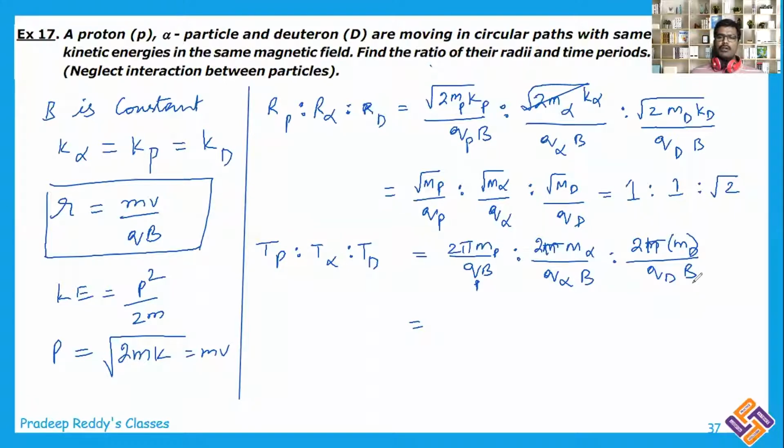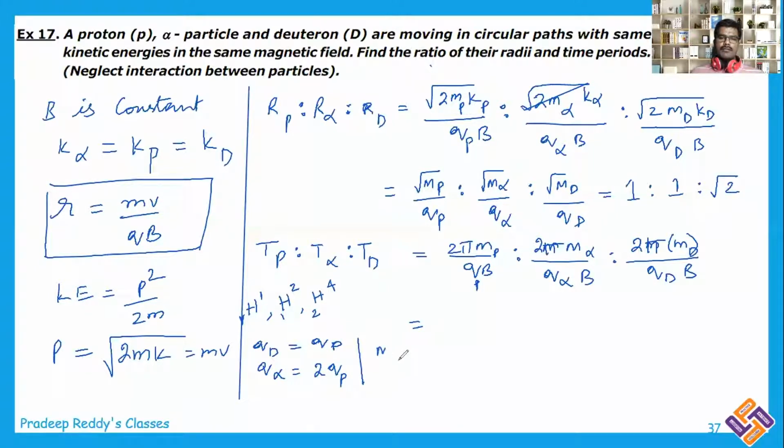charge of the deuteron is equal to that of charge of the proton. So what is deuteron actually? See, this is proton and this is deuteron, and what is alpha particle? Alpha is 2 4. So q of deuteron is equal to q of proton, and q of alpha particle is 2 times that of q of proton.